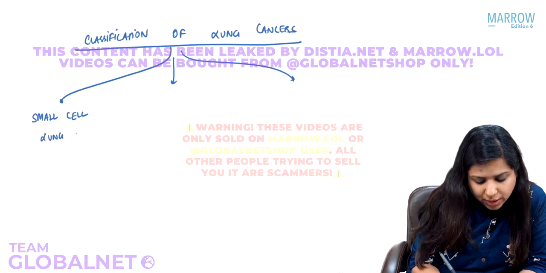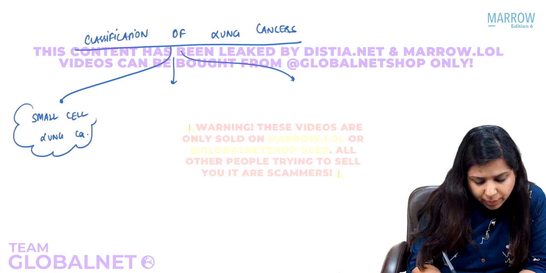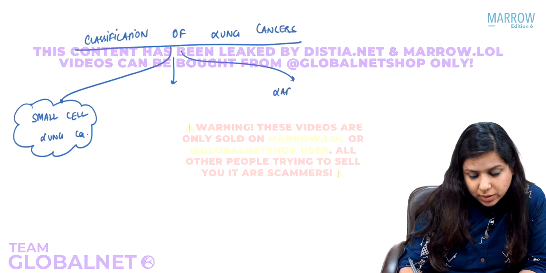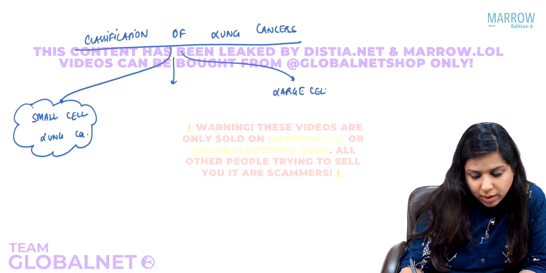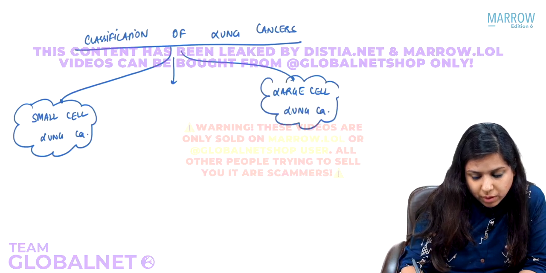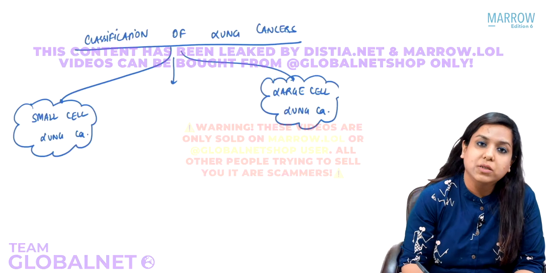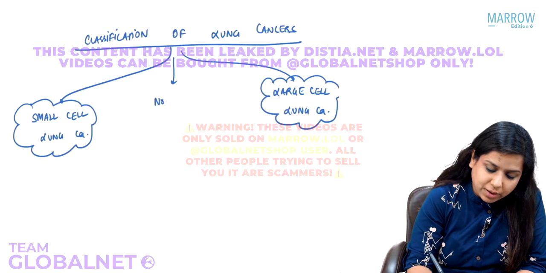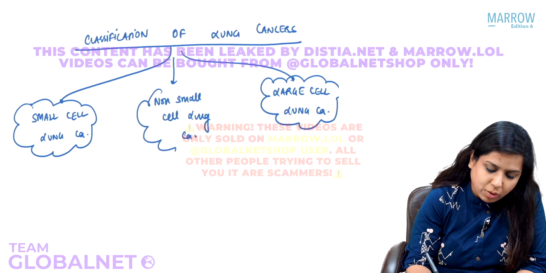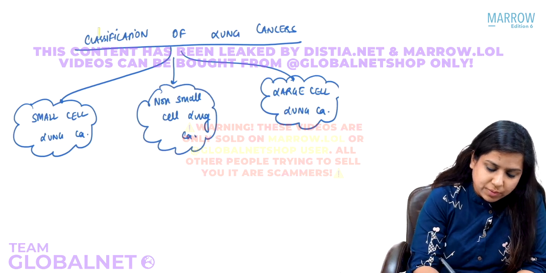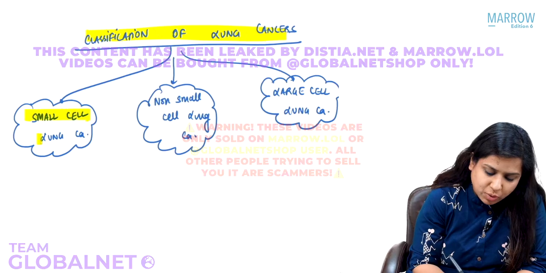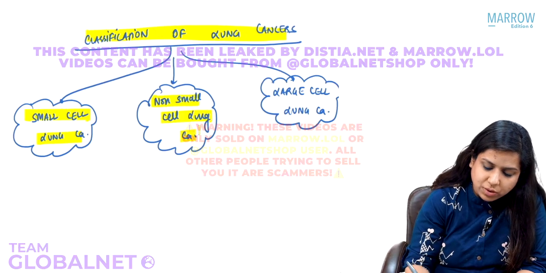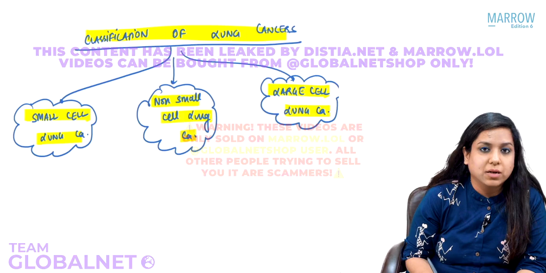Another one is called a large cell lung cancer, and the third category is called a non-small cell lung cancer. So we have a small cell lung cancer, non-small cell lung cancer, and a large cell lung cancer.